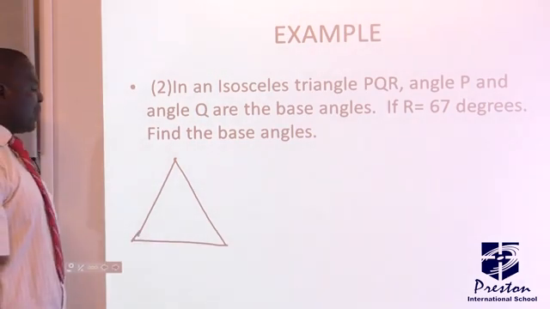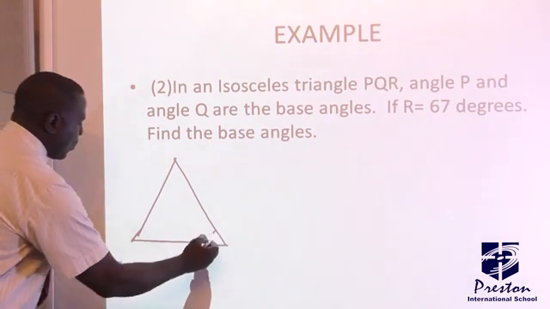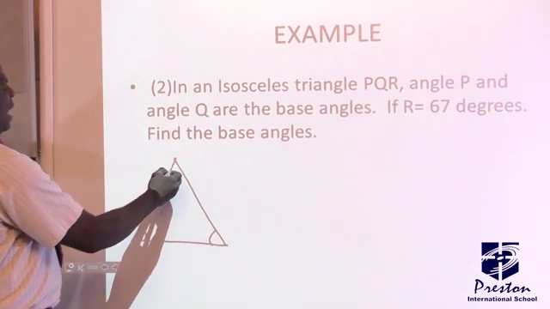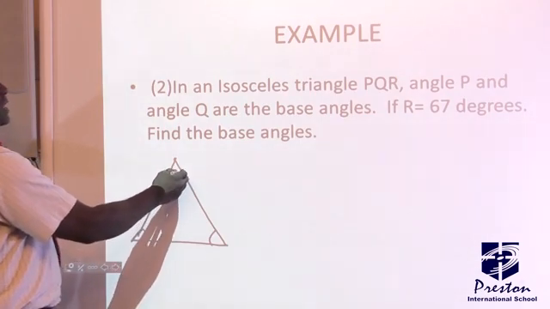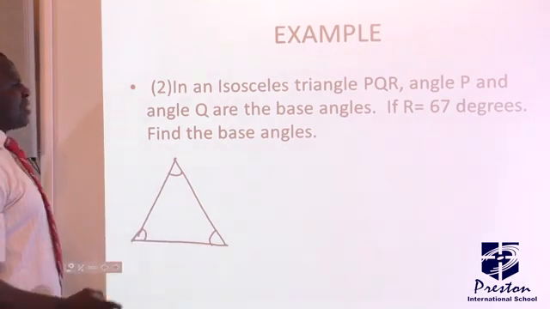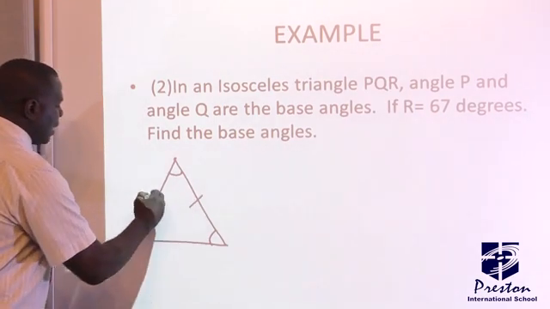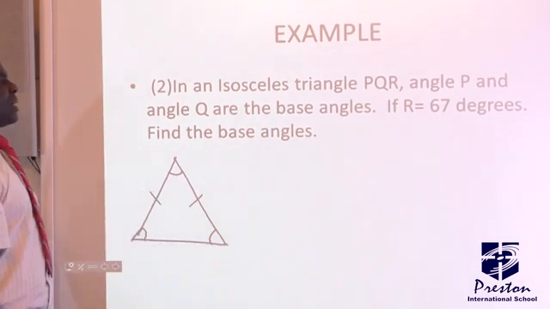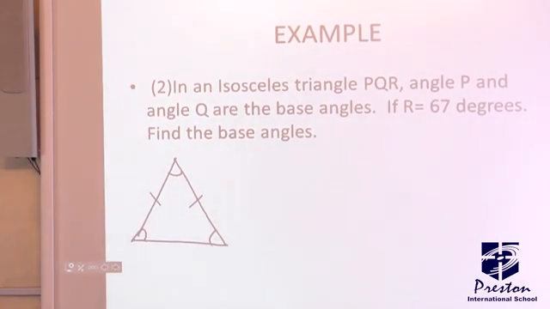In an isosceles triangle, we refer to this angle here as the base angle, and the angle here as the vertex angle. This triangle is isosceles when these two sides are equal. The sides are marked, and that indicates they are equal.